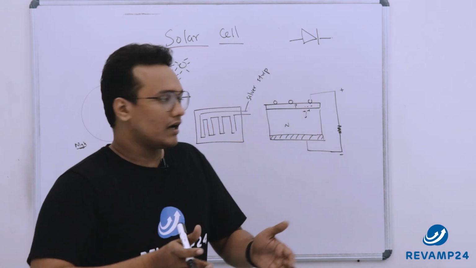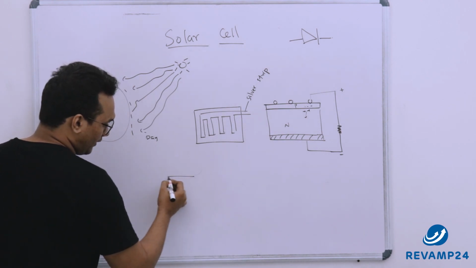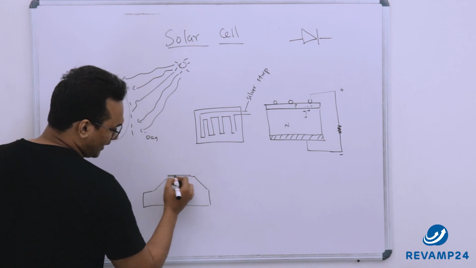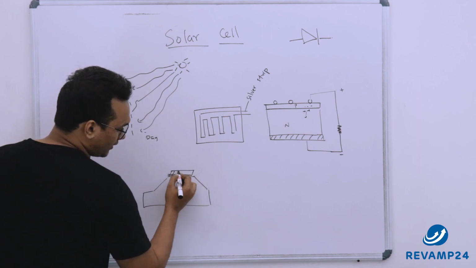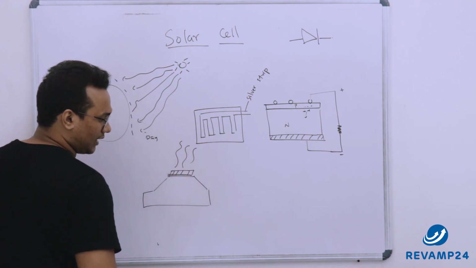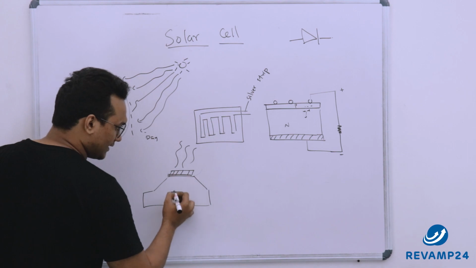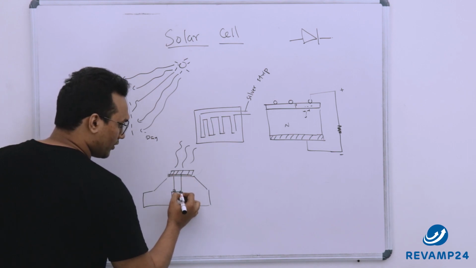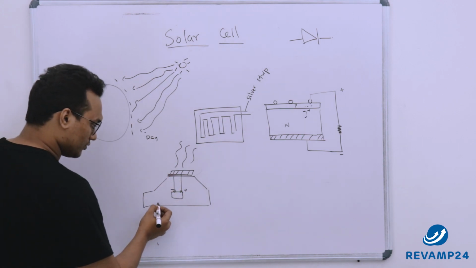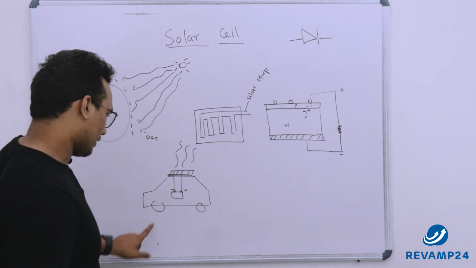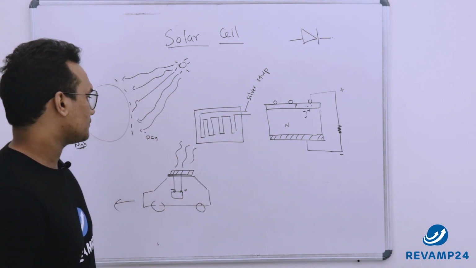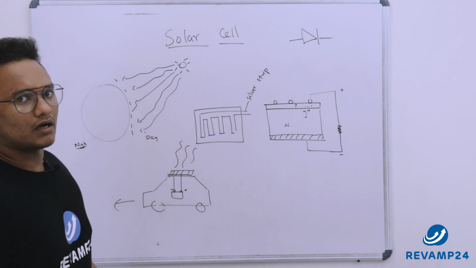If we provide solar cells with a car, then this solar cell would convert the energy available in the sunlight into electrical energy, and this electrical energy can be stored in the battery. So this energy can be used for the engine or the motor to run, which will drive the car. And also this can be used in a house.